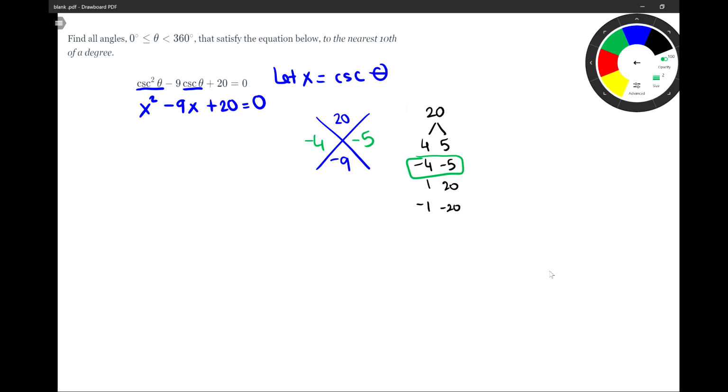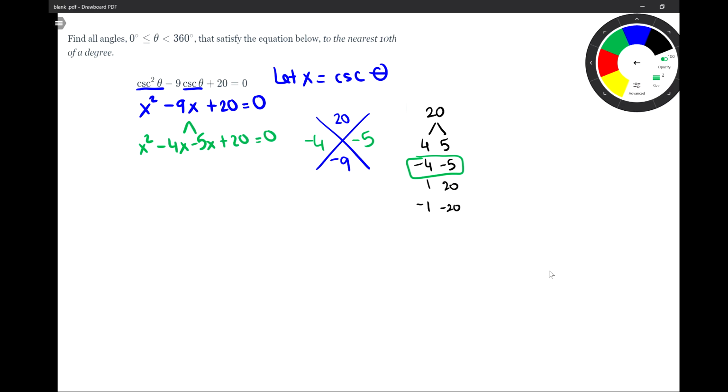Go back to x squared minus 9x plus 20 equals 0. Negative 4 and negative 5 can help me rewrite negative 9x as negative 4x minus 5x. I still have x squared, bring down, and then plus 20 equal to 0.